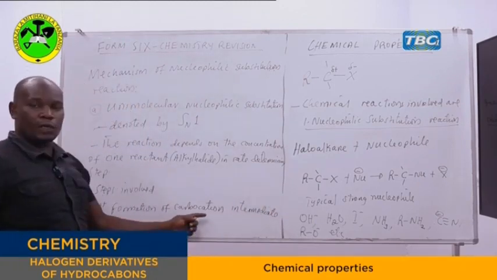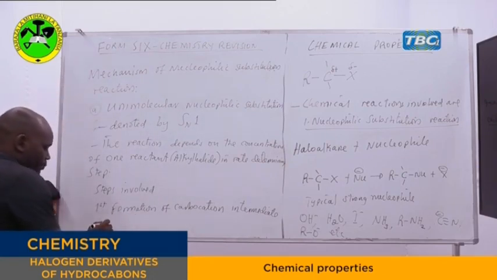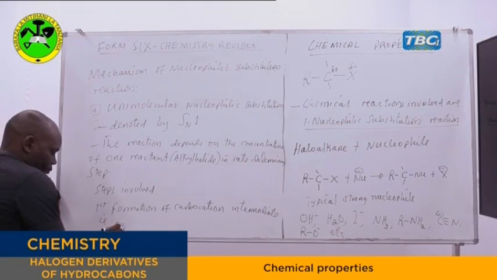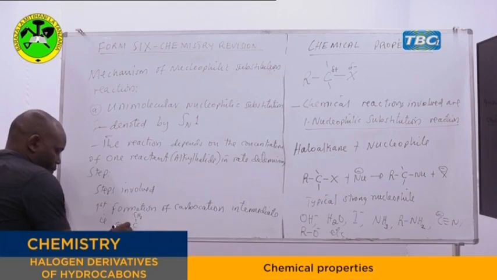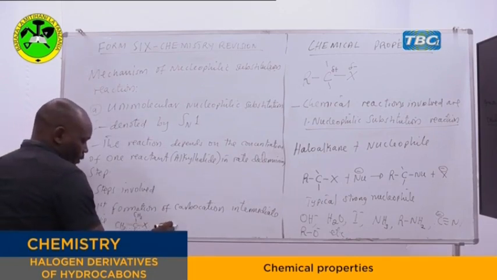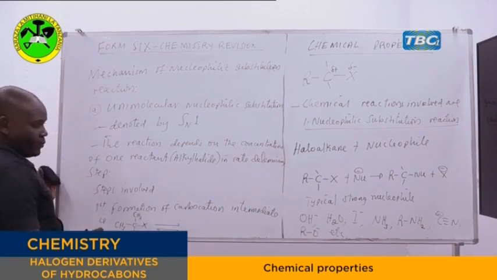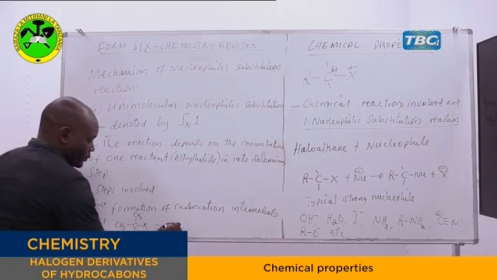Taking an example of a haloalkane, the first step involves the formation of the intermediate carbonium ion.